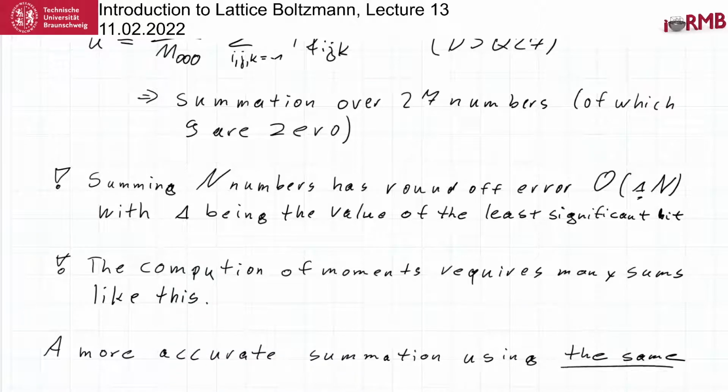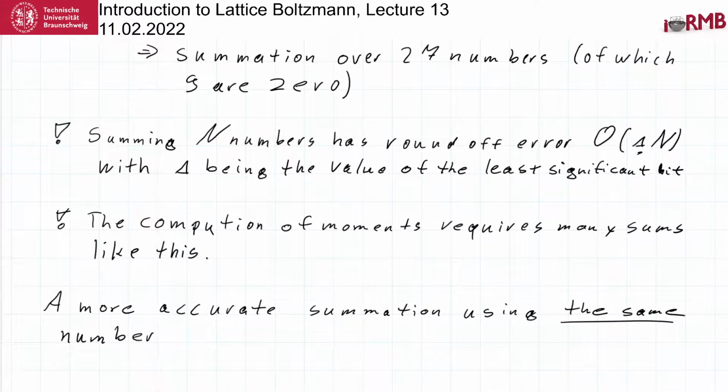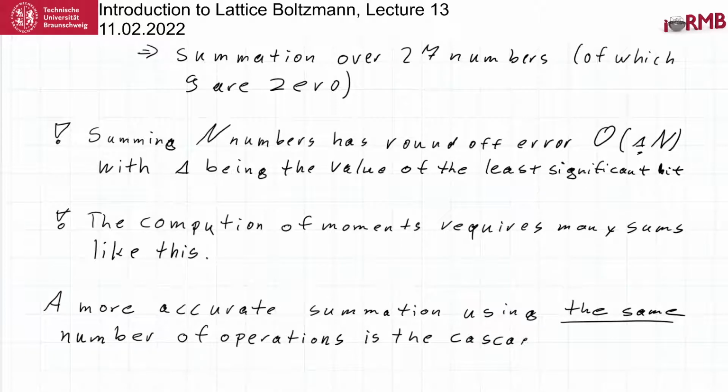So it's not more expensive, it's the same number. It's only more complicated to implement, otherwise it's not more expensive. This is the so-called cascade summation. Sometimes it's also called the pyramid cascade, or the pairwise summation.